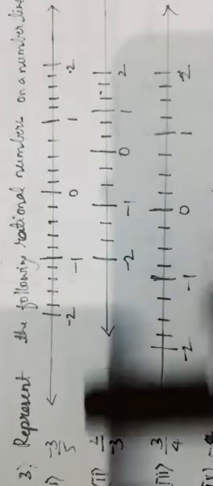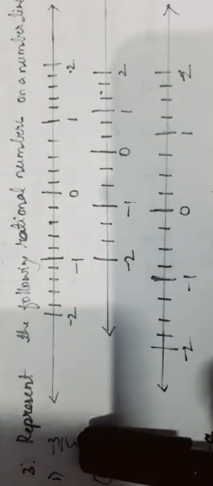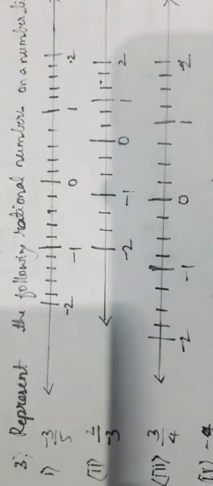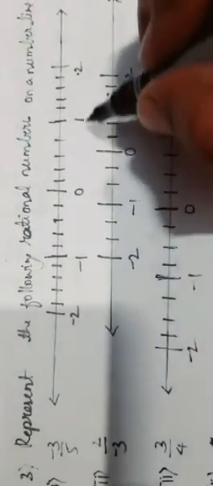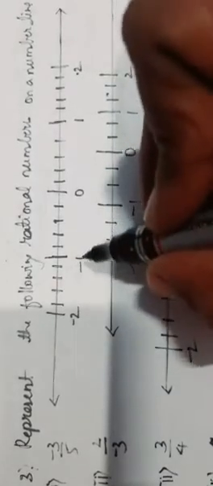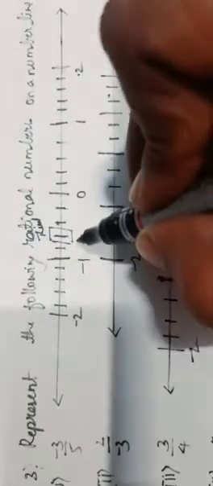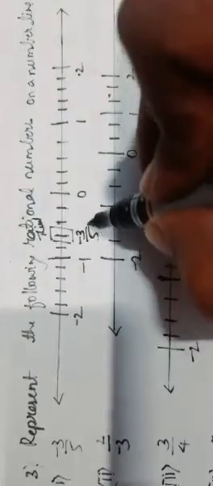We have to make 5 divisions because the denominator is 5 here, and after making 5 divisions between the whole numbers we have to mark minus 3 by 5. Where is minus 3 by 5, children? To the left of 0. Count 3 divisions: 1, 2, 3. This is the third mark, and the rational number is minus 3 by 5.